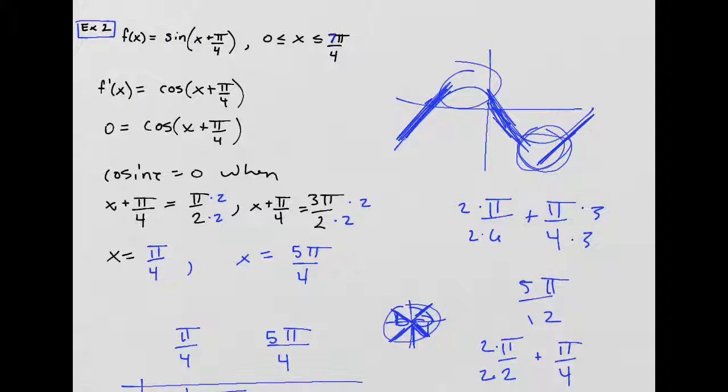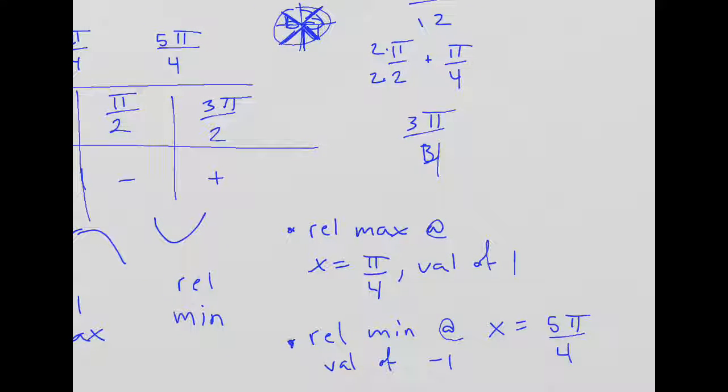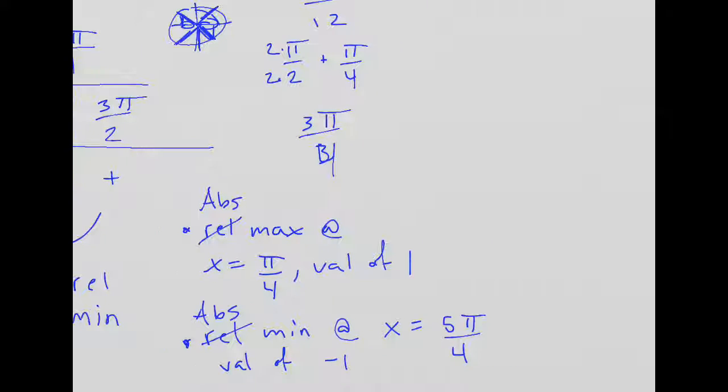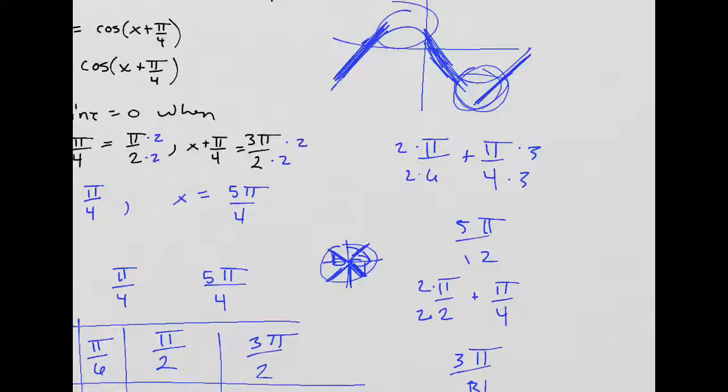So these are not only relative maximums or minimums, we would just say absolute maximums or minimums. And I'll plug in the endpoints just to make sure. That's always what you have to do anyway, but I can plug them in my head and I know that they're not going to be crazy.